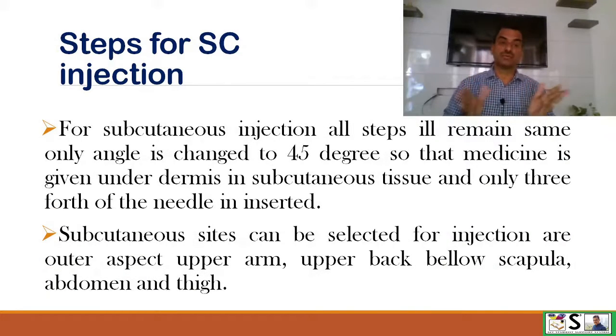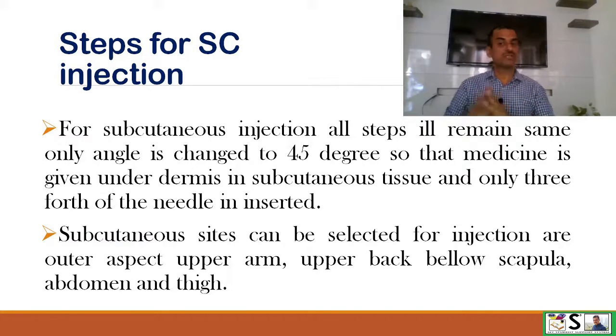Now we come to the steps for subcutaneous injection. The same subcutaneous injection we can give in vaccinations, that is the best example. For subcutaneous injection, all steps will remain the same, only the angle is changed while giving the vaccine or injection.